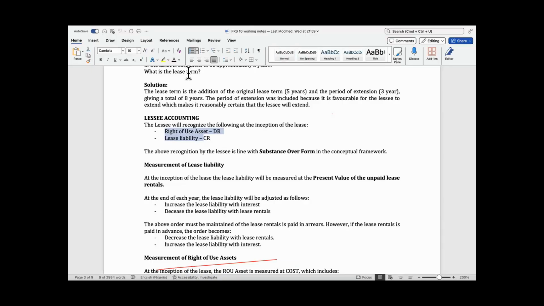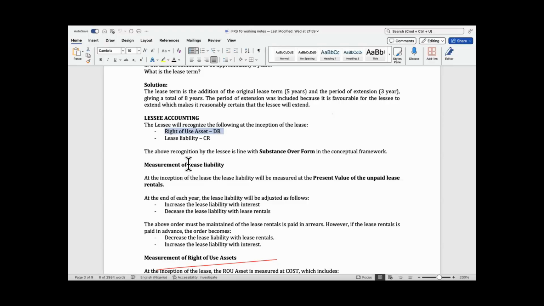And for the two, he would recognize the present value of the unpaid lease rentals. However, for right of use assets, we would then need to add the amount paid at the commencement date, initial direct cost, and decommissioning cost.